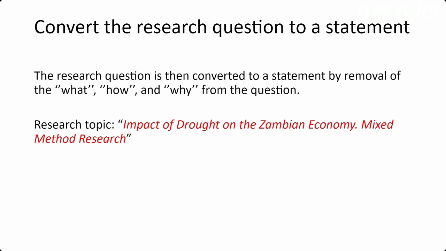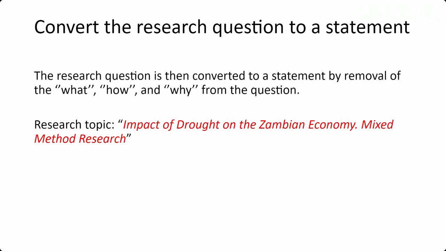We go now to our final stage, where you now formulate your research topic from the research question which you have established, from the scope which you have established, from the method which you have established. So at the end of the day, what do we have here? Our research topic will be the impact of drought on the Zambian economy.